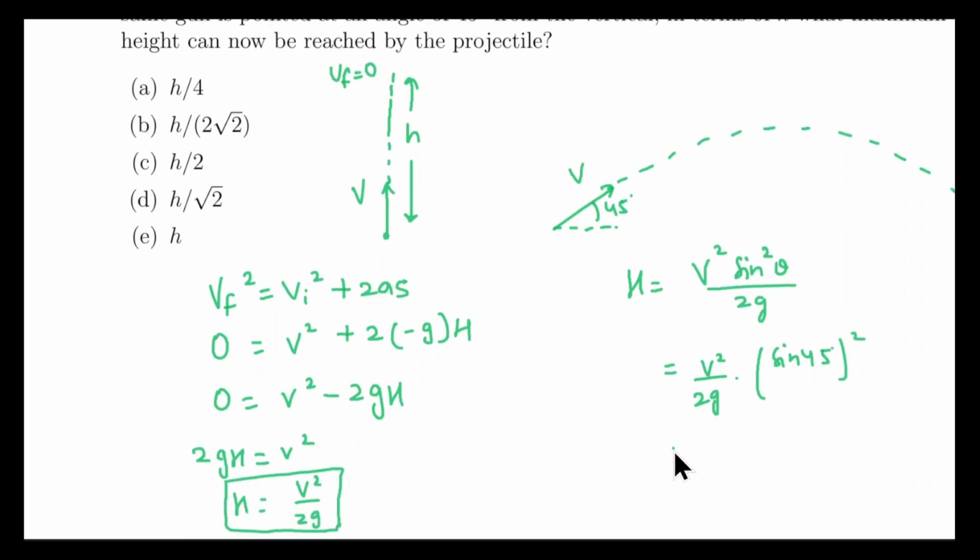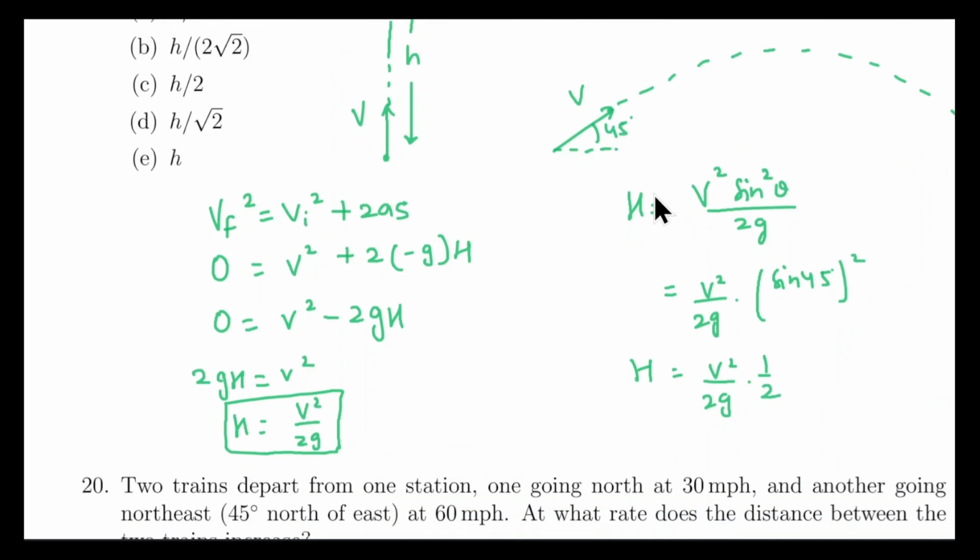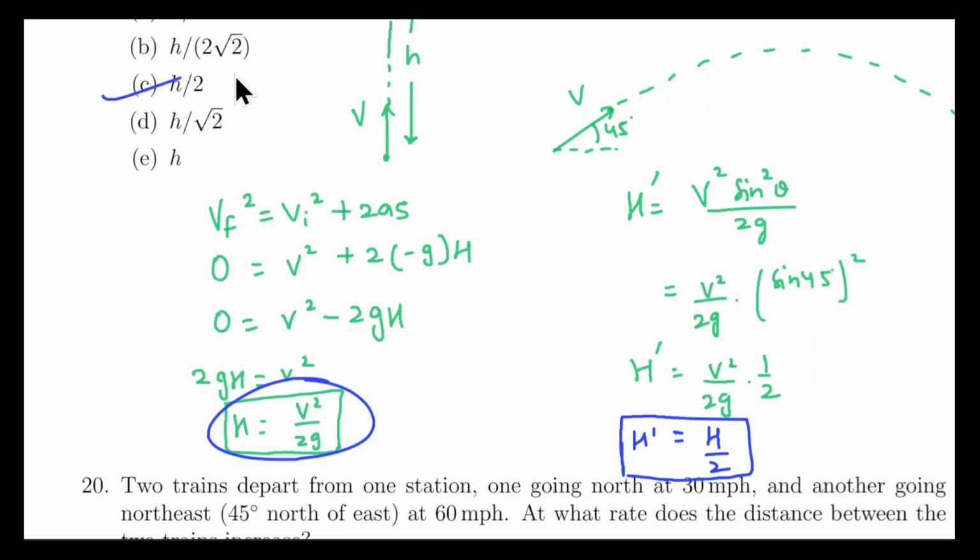And what is sine 45? 1 over root 2. And what is the square of 1 over root 2? That's 1 over 2. And isn't v squared over 2g something that I can just see over here, which is just h? So this will be h times 1 over 2, or h over 2. So half of the height is our answer, which is option C.